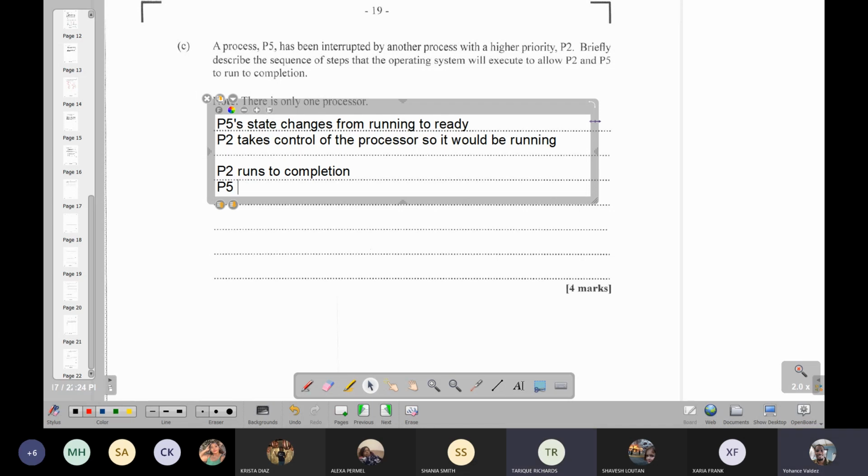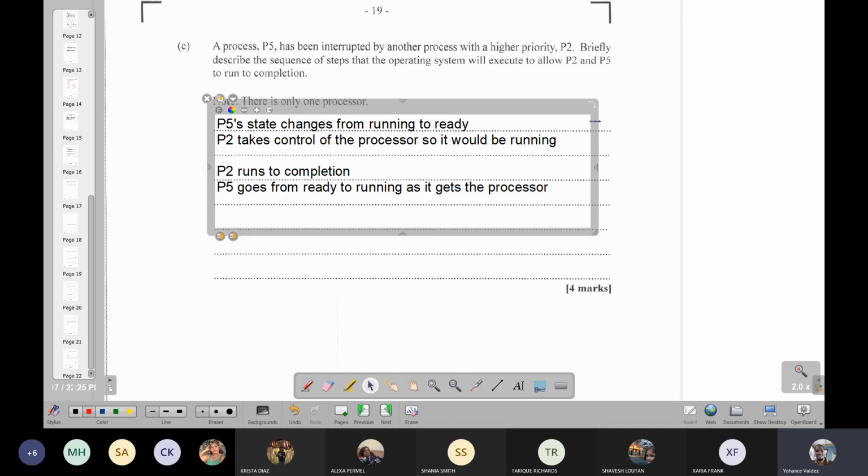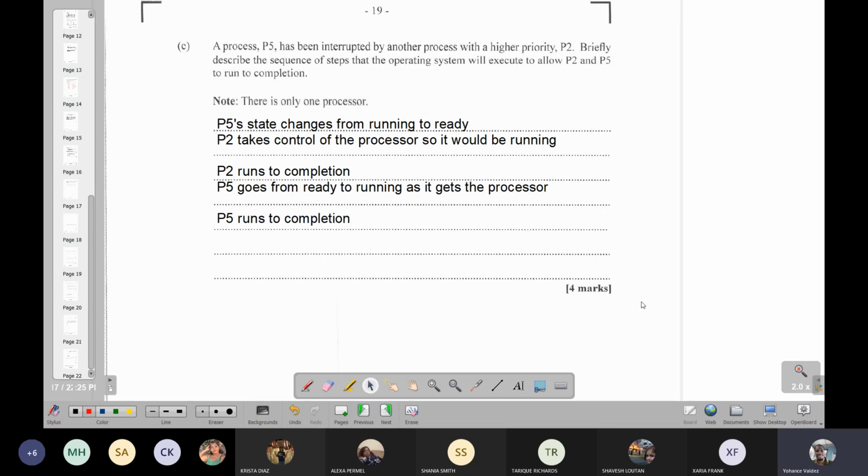I said P2 goes from running to ready. But it already ran to completion. Okay, so P5 would go from ready back to running. It gets the processor, and then P5 runs to completion. Okay. See, that wasn't so bad.